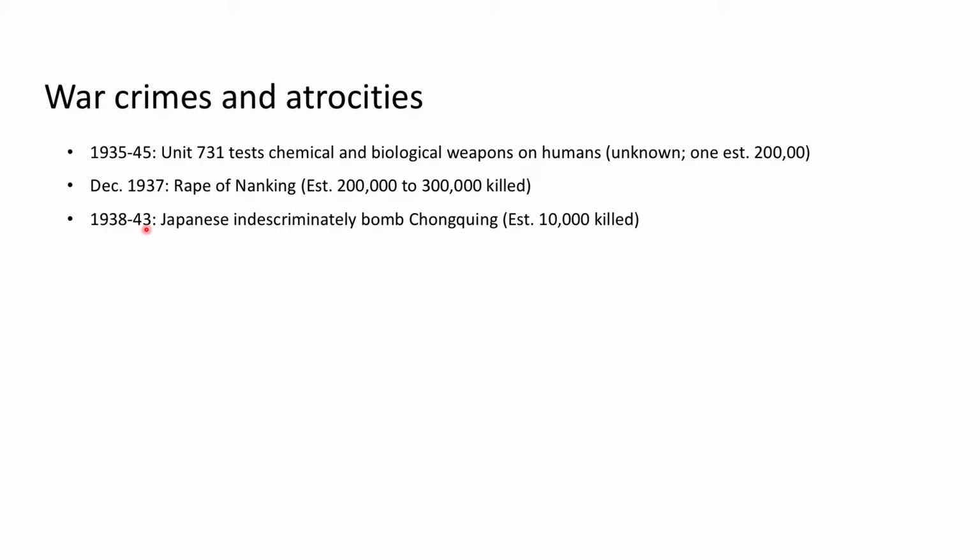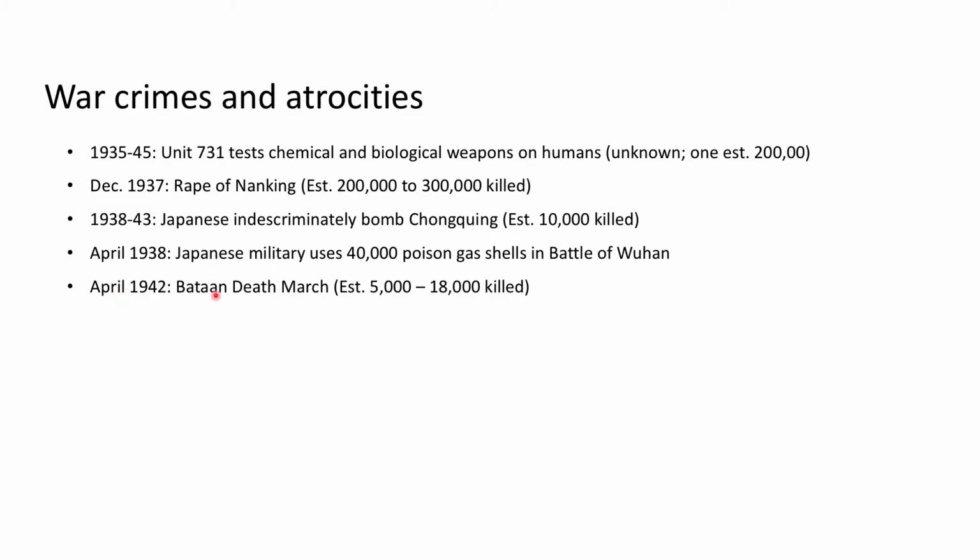From 1938 through 1943, the Japanese indiscriminately bombed Chongqing, the nationalist headquarters at that time, and it's estimated that 10,000 were killed in this. In April 1938, the Japanese military used 40,000 poison gas shells in the Battle of Wuhan.